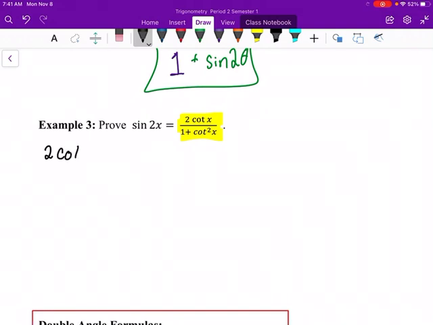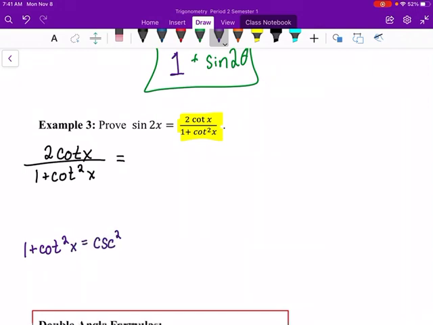So we have 2 cotangent of x all over 1 plus cotangent squared of x. One of our trig identities from the first day, the Pythagorean ones, is 1 plus cotangent squared of x equals cosecant squared. So I'm going to see if that'll help us simplify by changing the bottom to that value. So we have 2 cotangent of x all over cosecant squared of x.